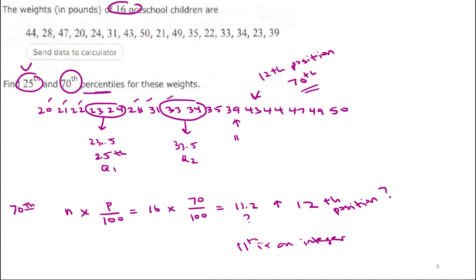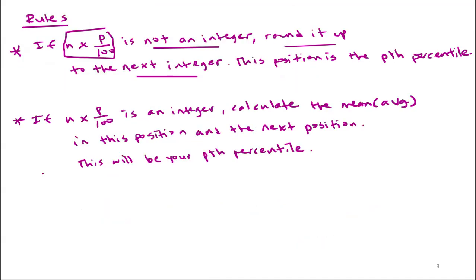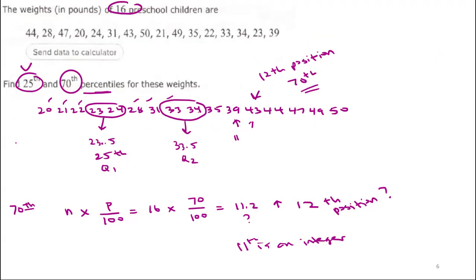And then it says here, we calculate the mean or the average of this position and the next position, and this will be your pth percentile. So in this case, we would take the 11th position and the 12th position. We take the average of the two. So we would add those up.